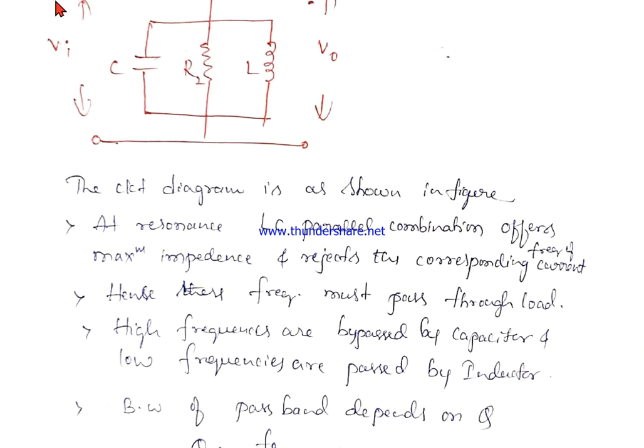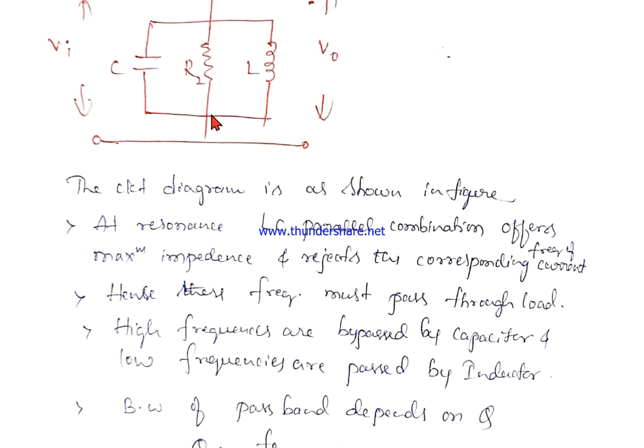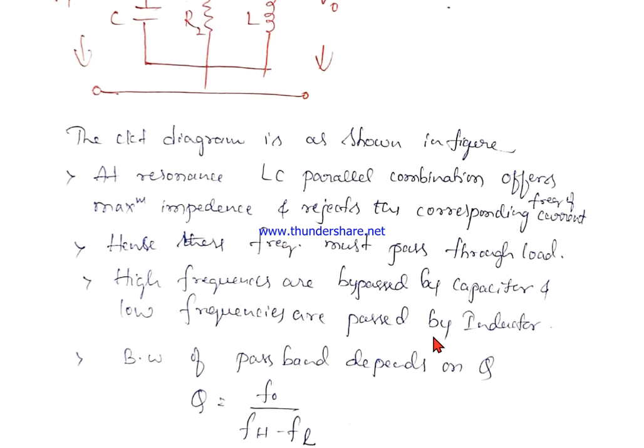The high frequencies are bypassed through the capacitor and the low frequencies are passed by the inductor. So the bandwidth of the band pass filter again depends upon the quality factor. The quality factor is equal to the ratio of resonant frequency to the bandwidth, that is Q is equal to f0 divided by (FH minus FL), which is the bandwidth.